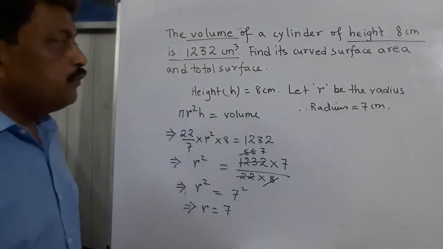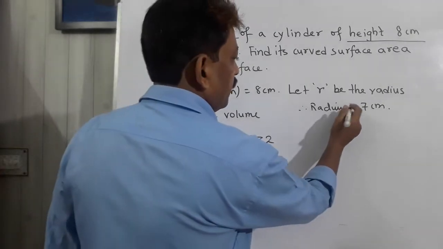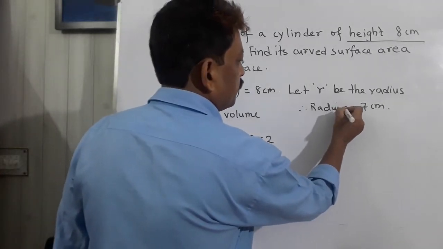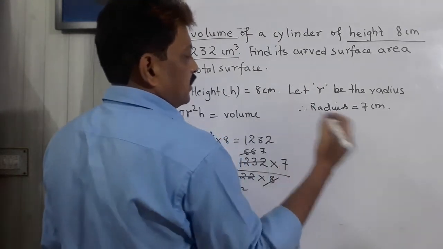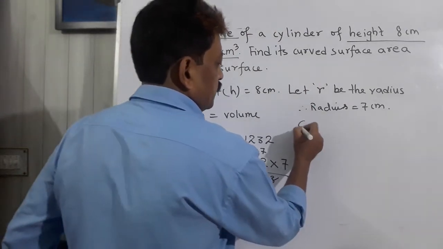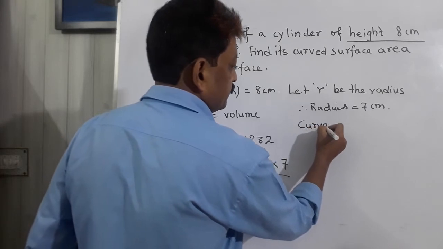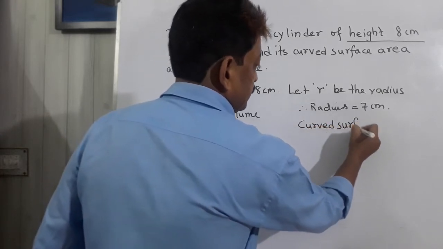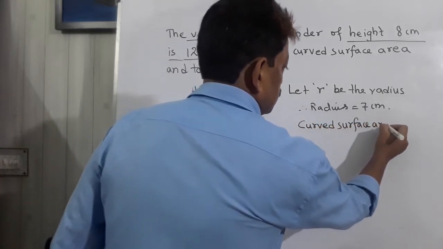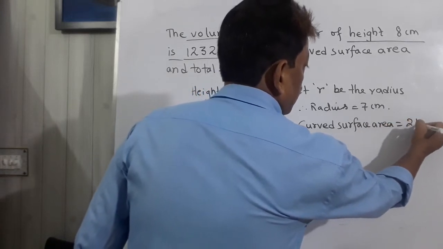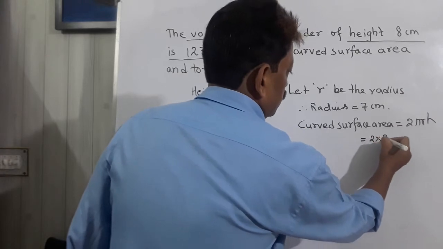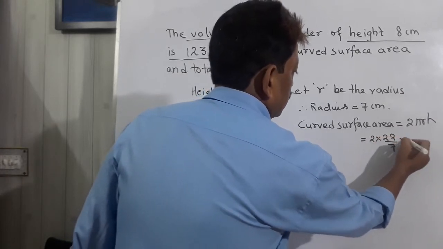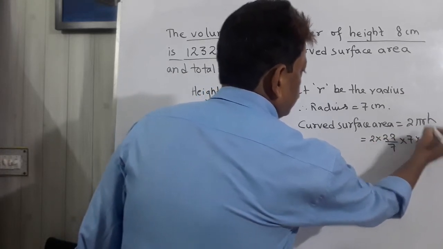Now we have to find the curved surface area as well as the total surface area. So curved surface area equals to 2 pi r multiplied with h, that is 2 into 22/7, r is 7, h is 8.